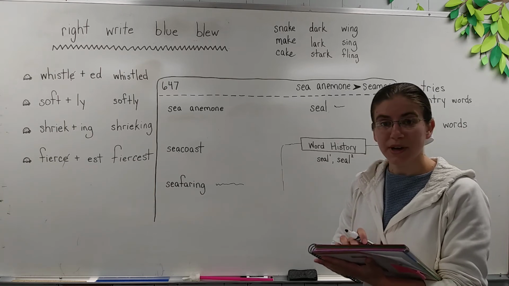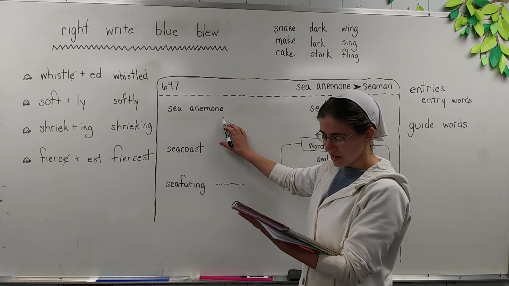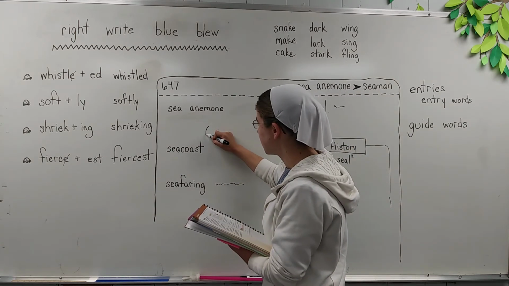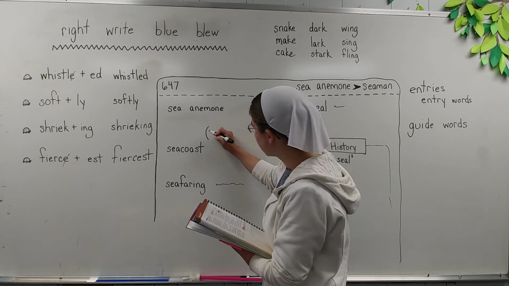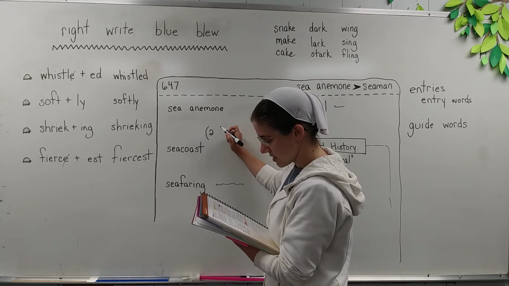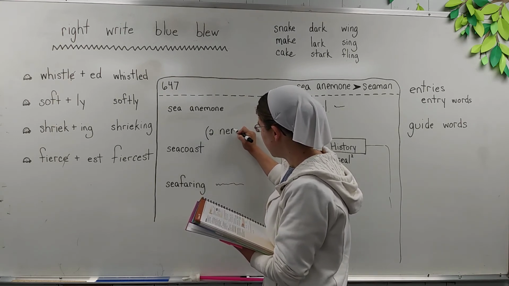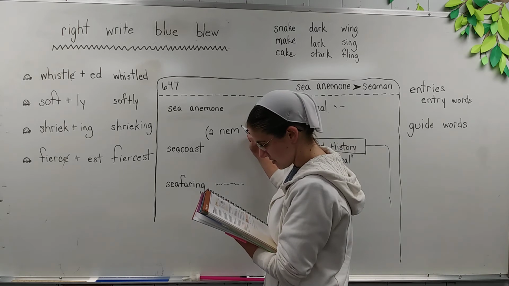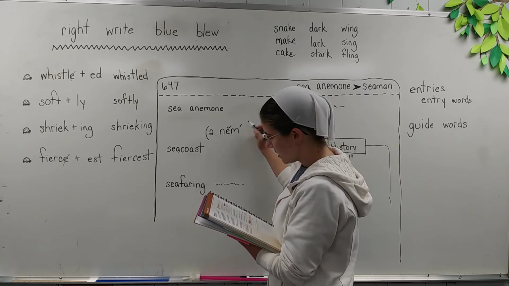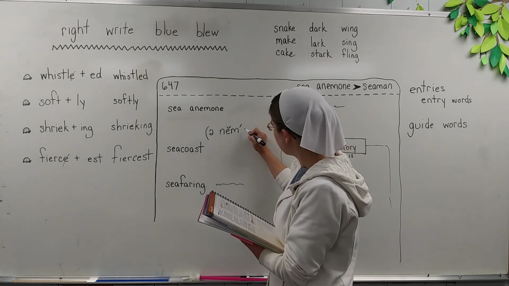If you look up at the definition, the entry for sea anemone, towards the bottom of it, they have the upside down E, which says, and then they have nem, they have a short vowel mark, and that means that we say the accent is part of the word.